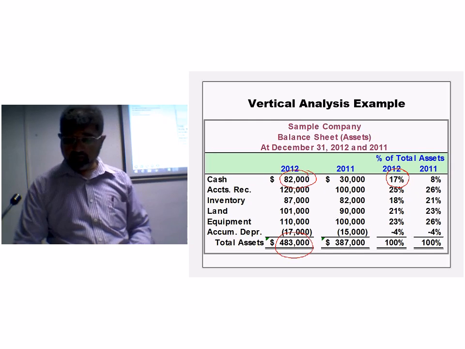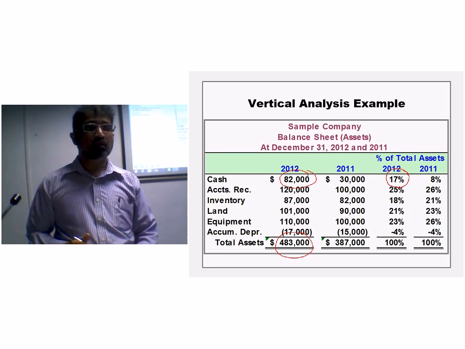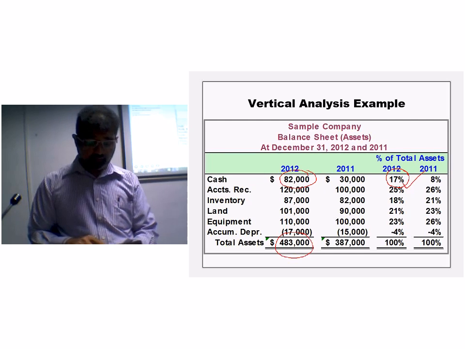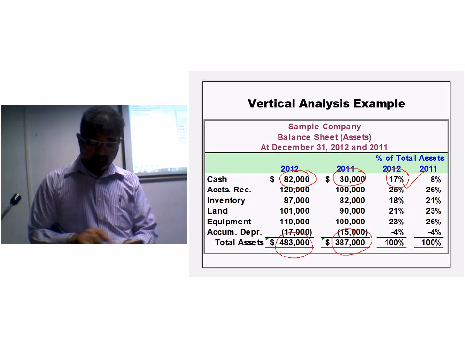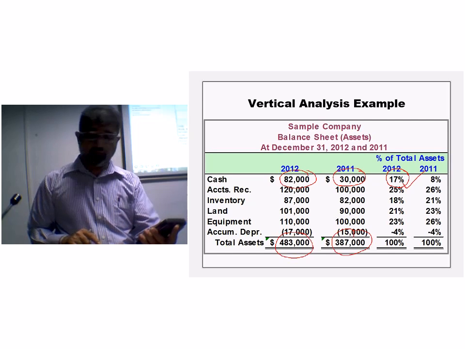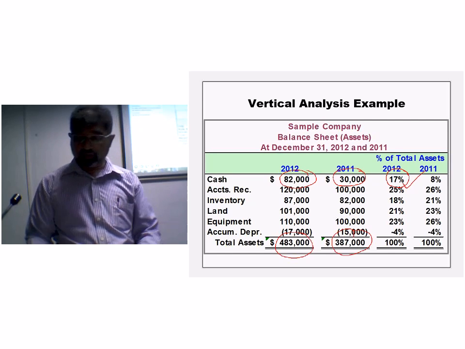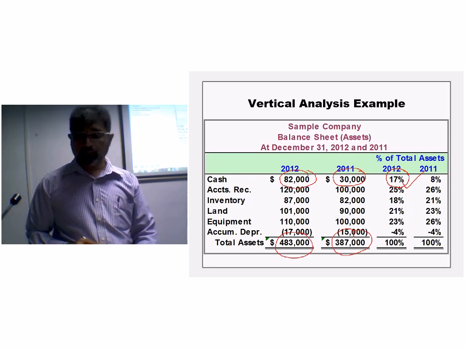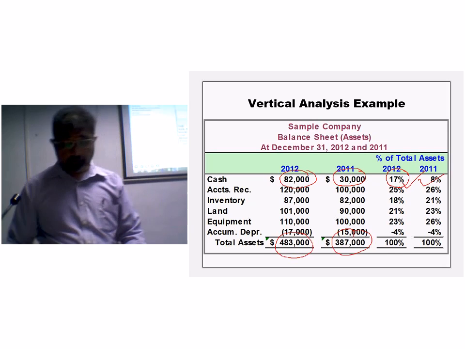Your answer is 6.97, approximately 7%. Here also the same: you can divide 30 by 387 into 100. Your answer is 7.75, which means approximately 8%.